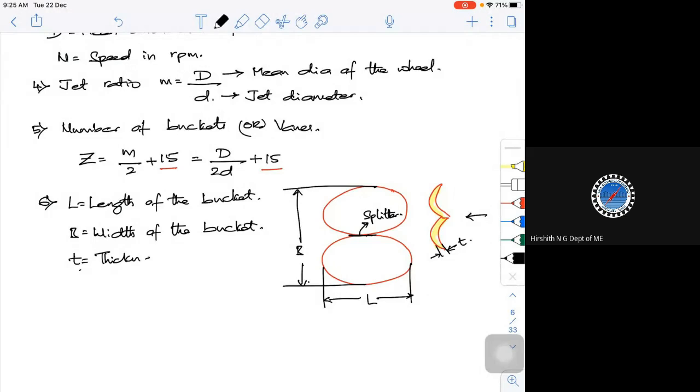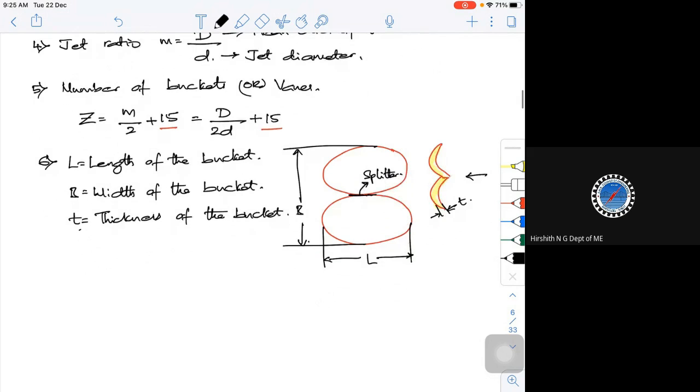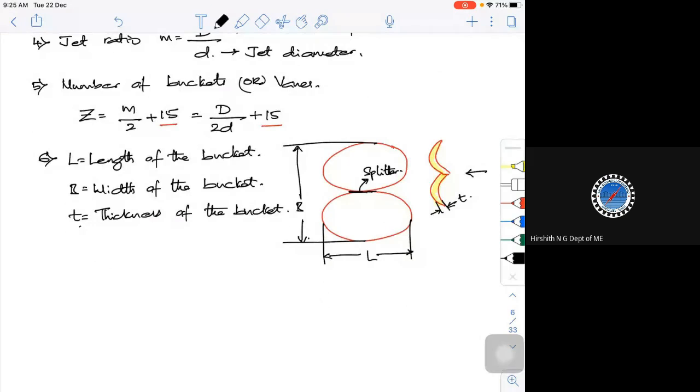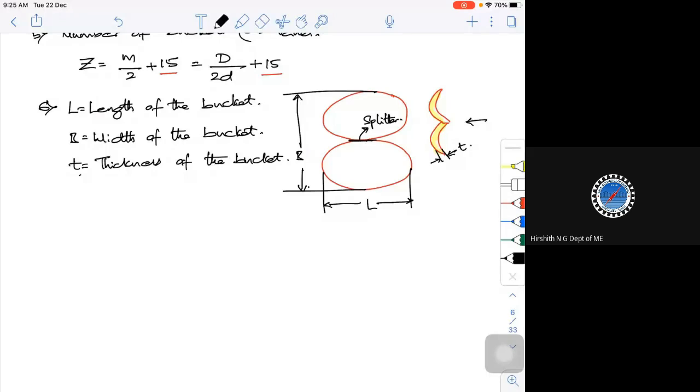From the design data handbook, there are some ballpark numbers with which, if I know the diameter of the jet, the values of L, B and T can be easily found. L varies from 2.3 times the diameter of the jet to 2.8 times.